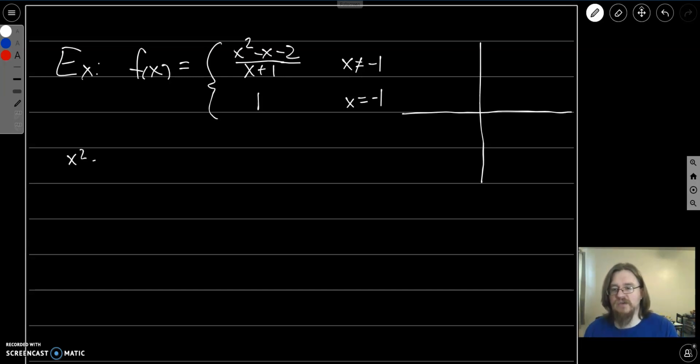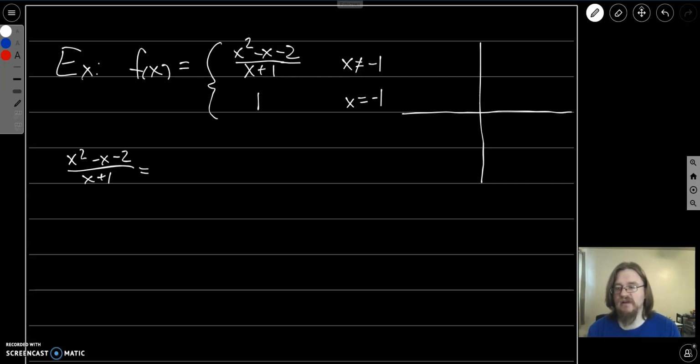If we have x squared minus x minus 2 divided by x plus 1, this is going to be the equation of the line everywhere where x isn't negative 1, which is good because I can't plug negative 1 into this function. If I try to plug a negative 1 in, I'm dividing by 0, which I can't do. So let's see if we can simplify this.